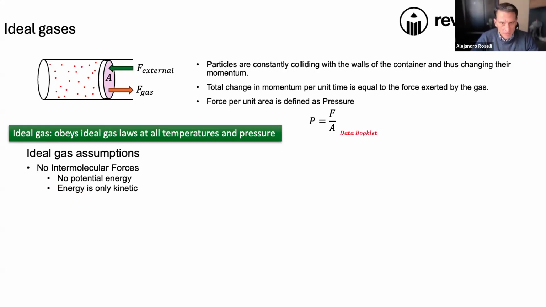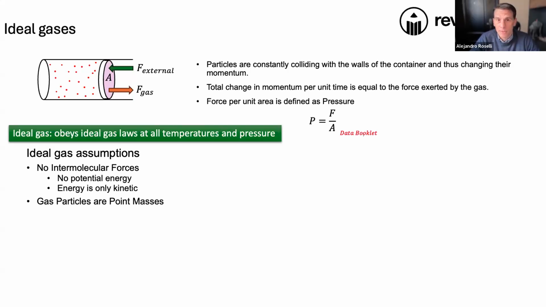Probably the strongest one: we are assuming that an ideal gas is a collection of particles experiencing no interparticle, intermolecular forces. They're just moving randomly. Eventually, they will collide with each other, but during the time between collisions, there are no forces between them. That creates a situation in which there's no electrostatic potential energy, and the energy is only in the form of kinetic energy, due to the motion.